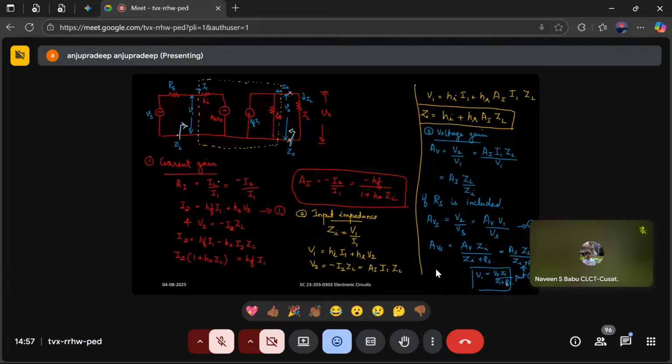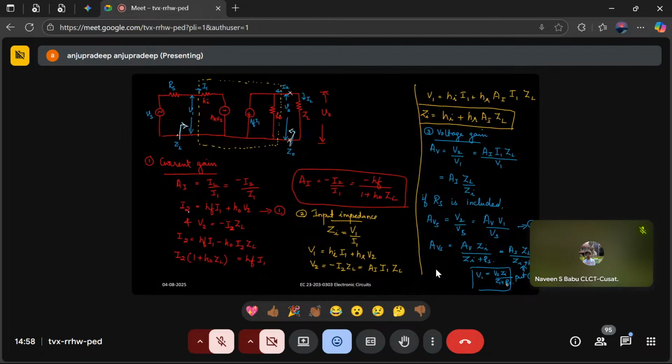It is equal to IL, load current, what I am getting at the load, IL divided by I1. I1 is my input current. And earlier itself, I told that I2 and IL are the same, but in opposite direction. So IL will be equal to minus of I2. So AI is equal to minus I2 by I1.